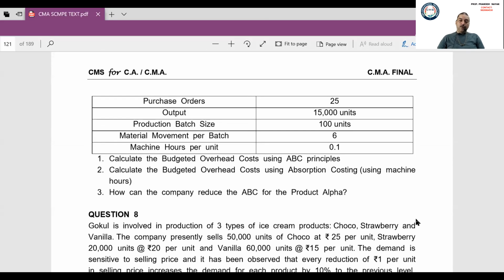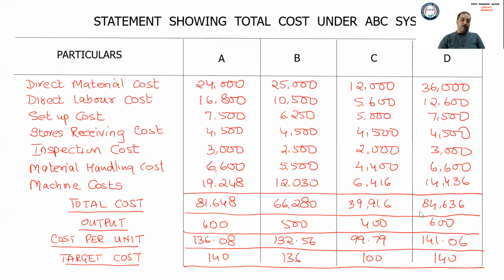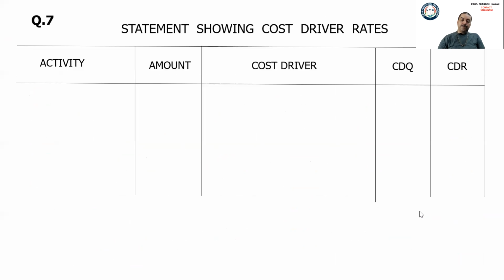Okay, so let us start with the first statement. What is the first statement going to be? It will be your calculation of cost driver rates. Now I want you to solve it on your own. Only the first statement; the second statement I will show you. Prepare the statement showing cost driver rates. Write down all the items.